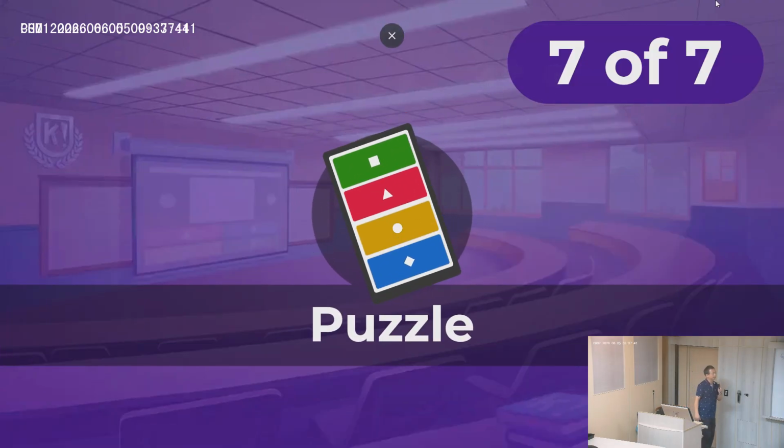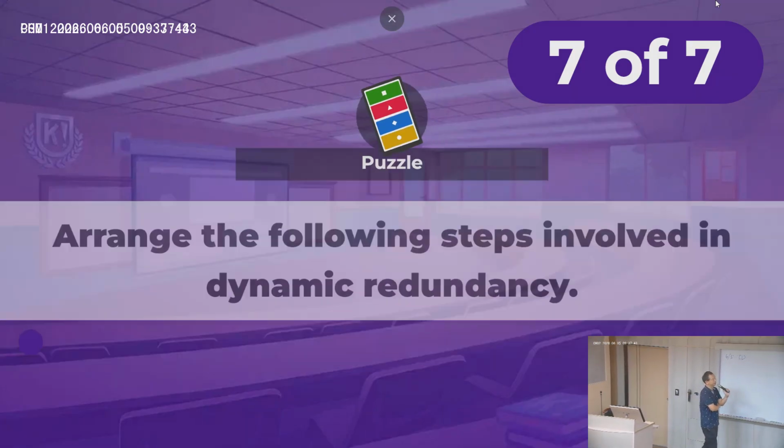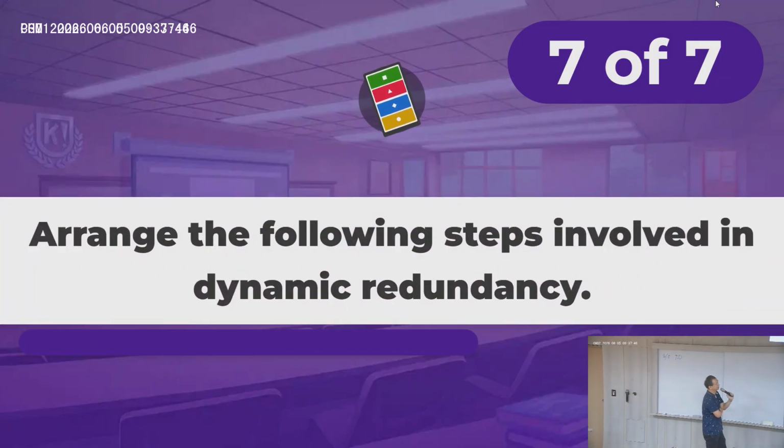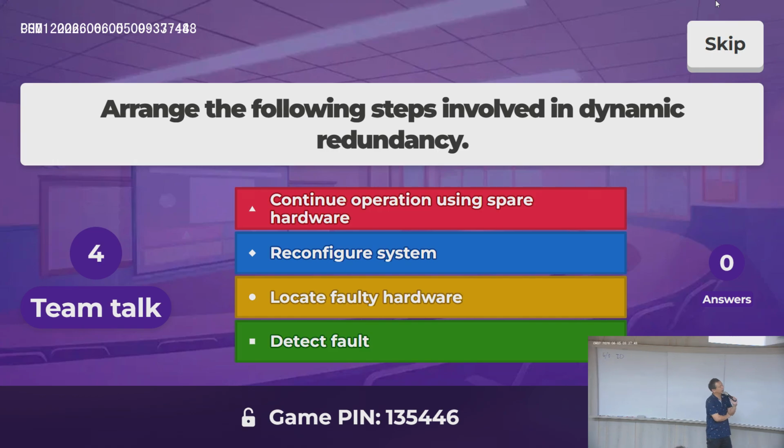Okay, so here comes our final question, an ordering problem. It is about the steps for dynamic redundancy.